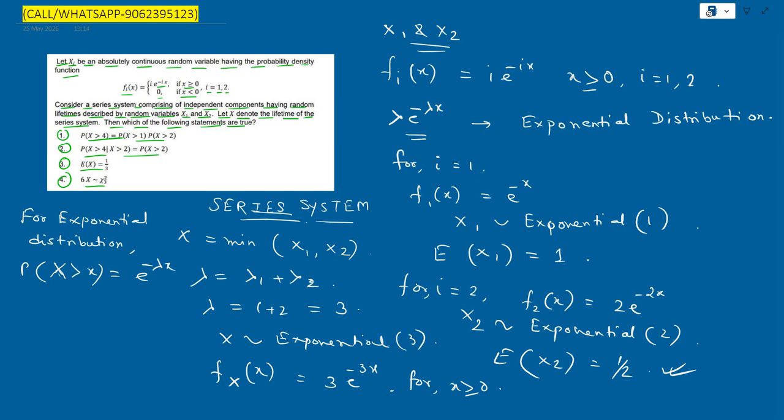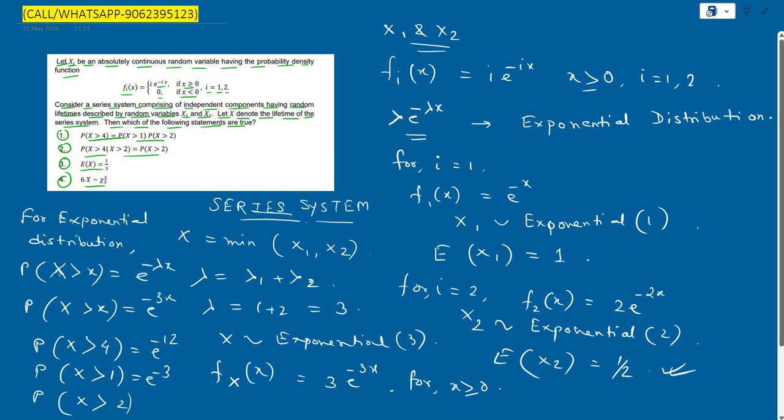Here lambda is 3, so probability of X greater than x is e to the power minus 3x. Thus, probability of X greater than 4 is e to the power minus 12, probability of X greater than 1 is e to the power minus 3, and probability of X greater than 2 is e to the power minus 6.